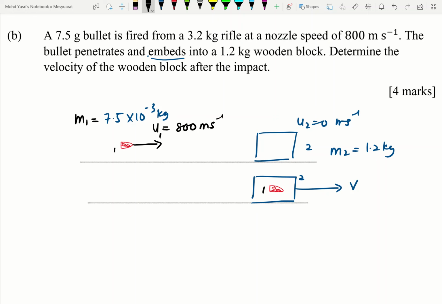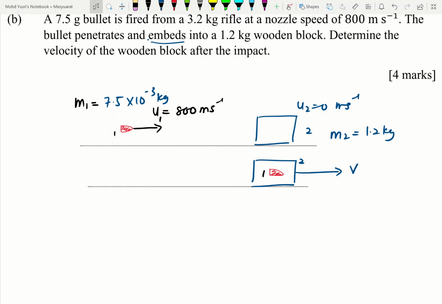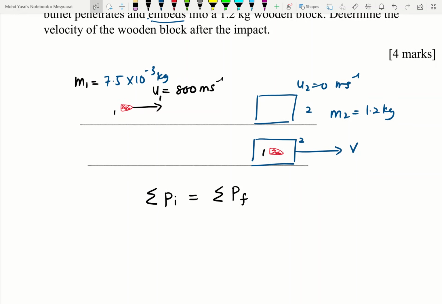Okay, so walaupun dia cakap the velocity of the wooden block, so perkataan embed menunjukkan peluru itu berada dalam wooden block. So basically the bullets and the block move together after the impact. So we need to apply conservation of momentum, sum of initial momentum is equals to sum of final momentum.